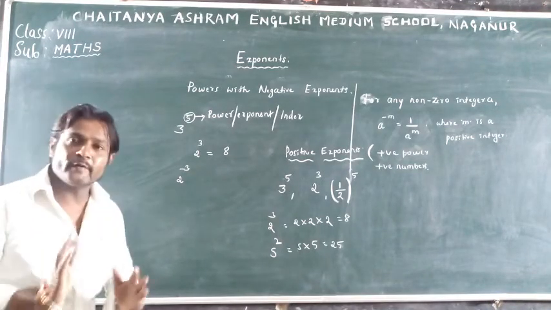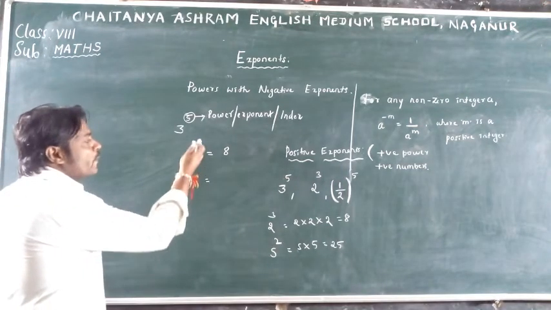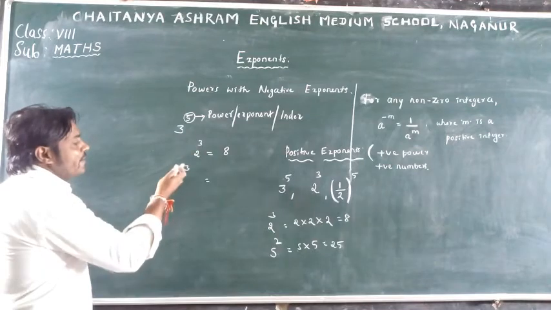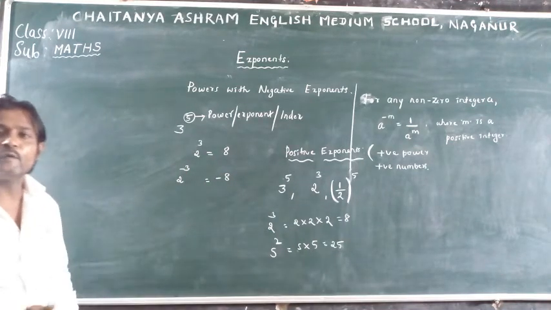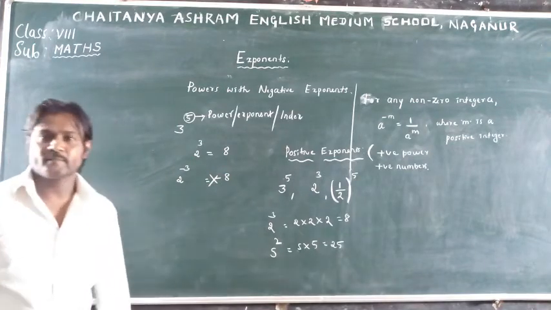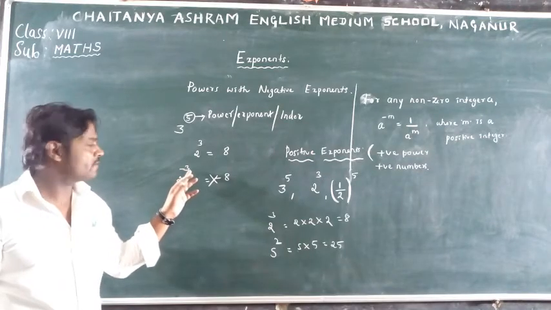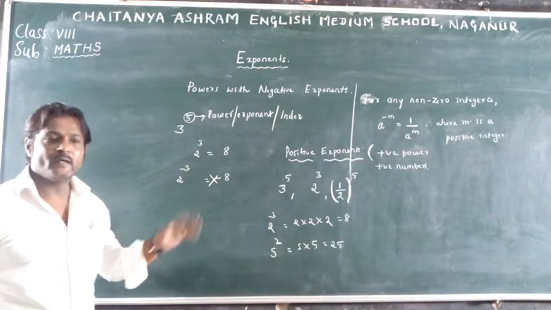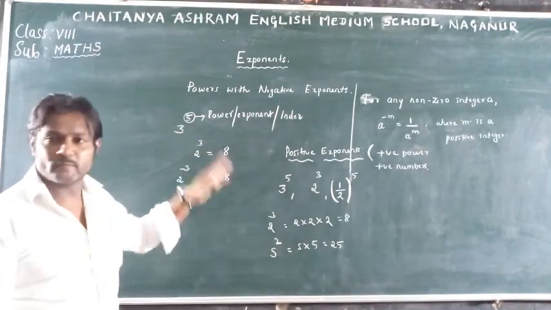Yes, don't use your logic sense. You are thinking like this: 2 to the power 3 is 8, so here it is negative power, so it is minus 8. Don't use such logic sense. This is wrong. Clear? So finding the value of 2 raised to the power minus 3 is different from a positive exponent.